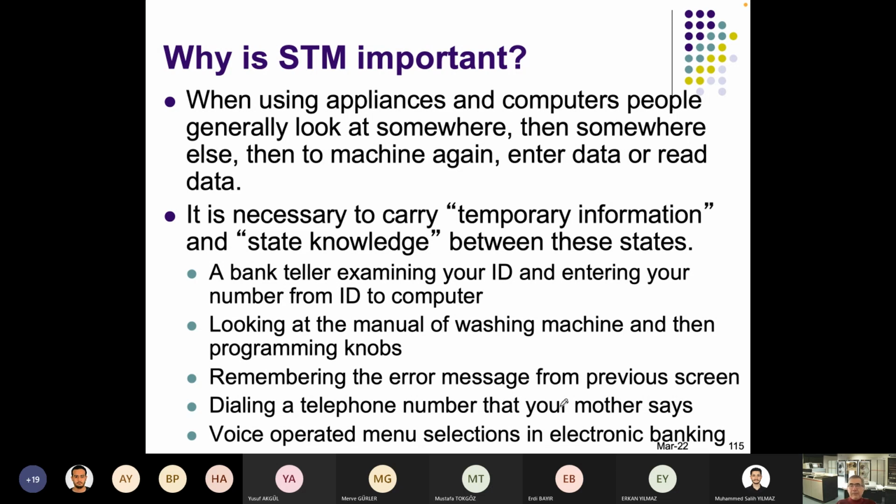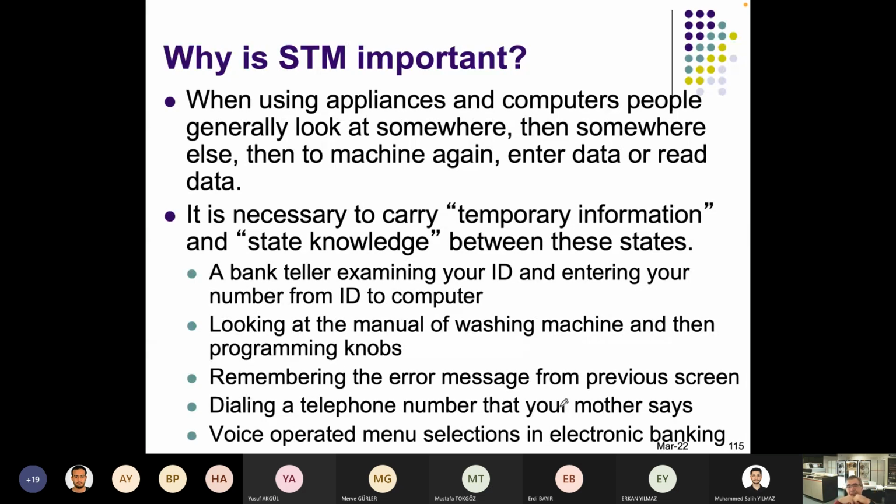In the meantime, we combine the information that we gather from several windows, process it and enter other information into another window, or on the same window in another field. Therefore, you are constantly reading, processing, writing, reading, processing, writing. As you read, you need to remember it for a moment in order to process.